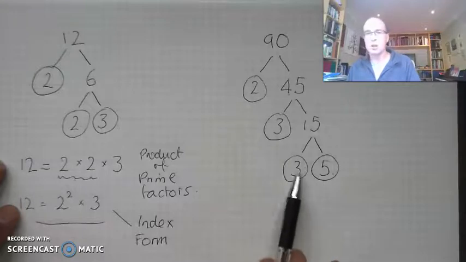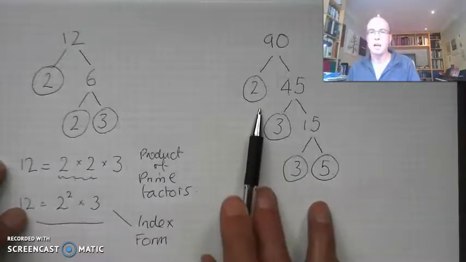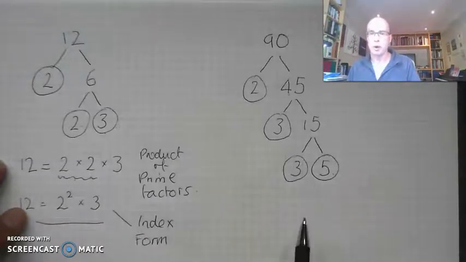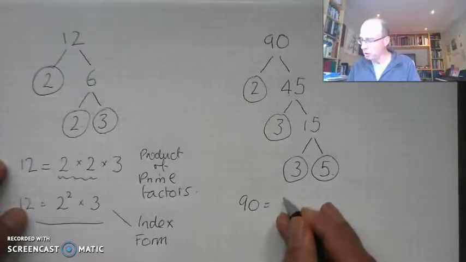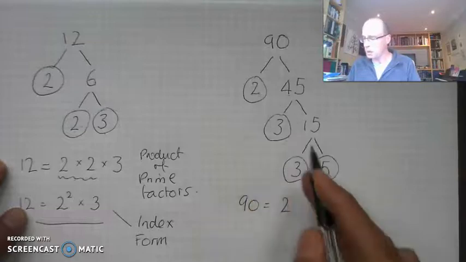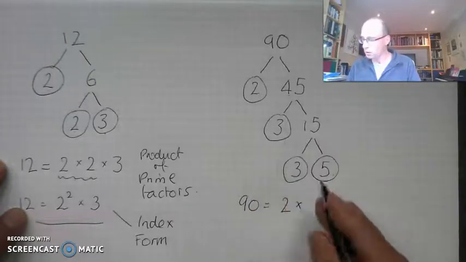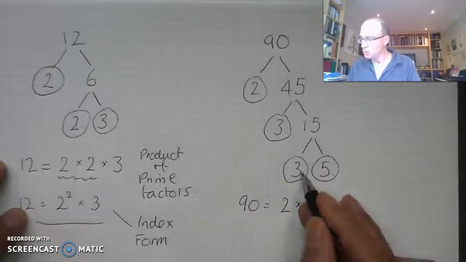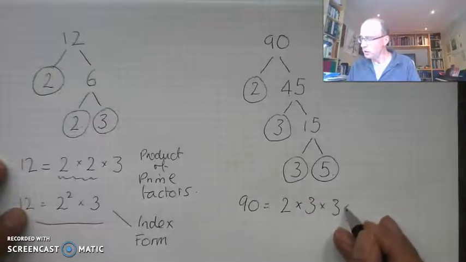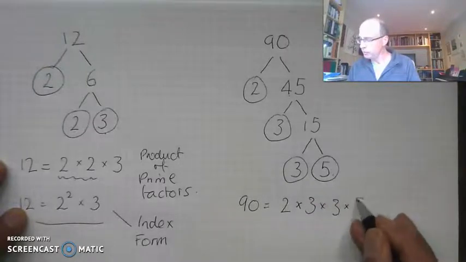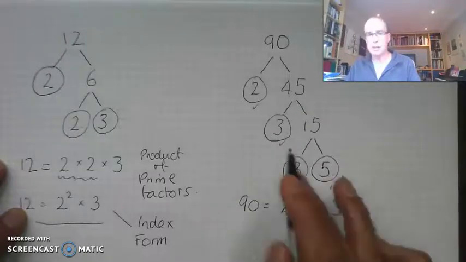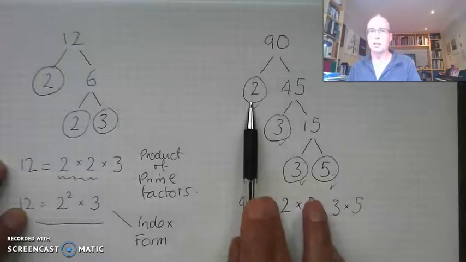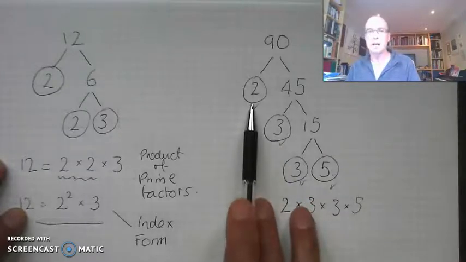I've got circles at the end of each of them, and now I've got my product of primes when I write it down. So 90 is equal to 2, my first number, times 3 times another 3 times 5. Sometimes you might want to tick them off as you've done them. This one was really convenient because the numbers came out in ascending order.